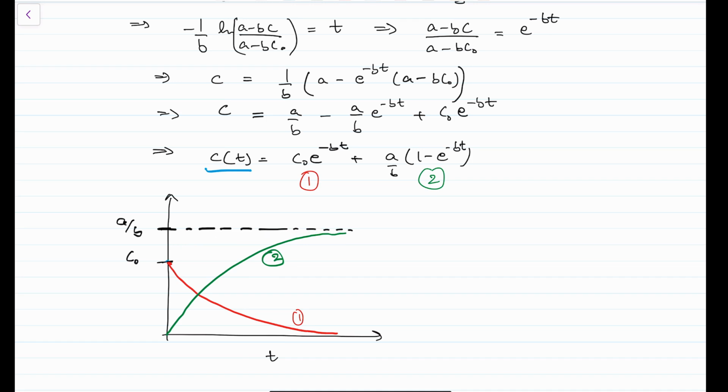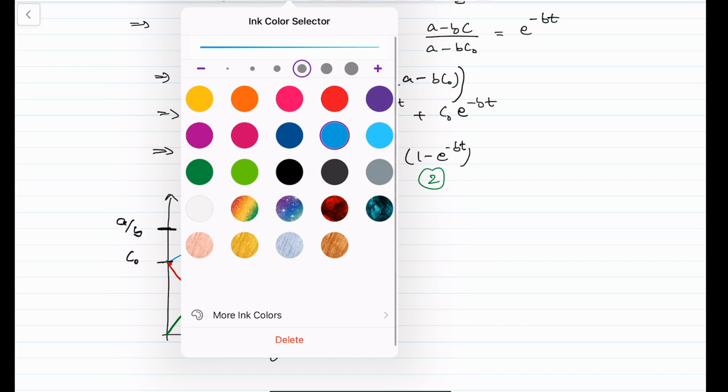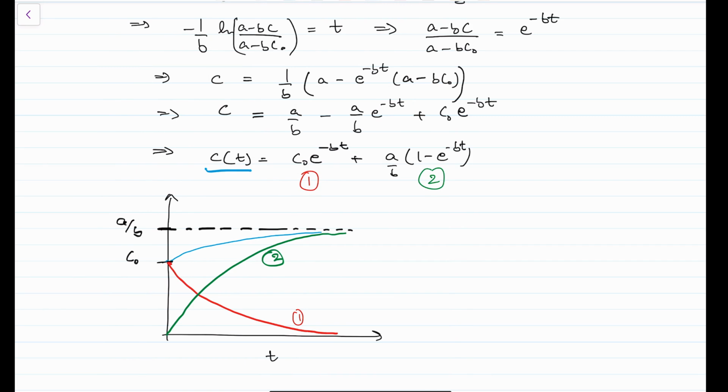Let me try to draw it again, something like this, just draw it thicker. And this is 1 plus 2 in blue. So that's just to give you a graphical feel for this.